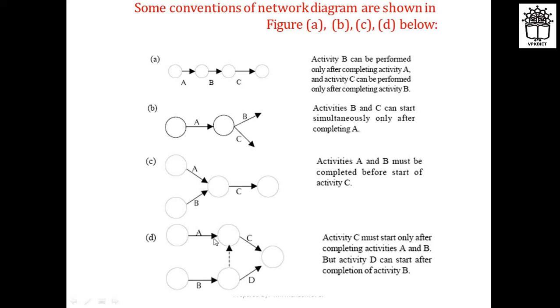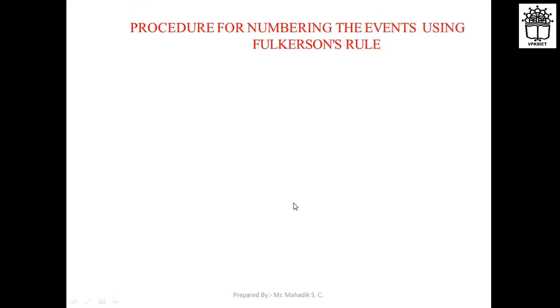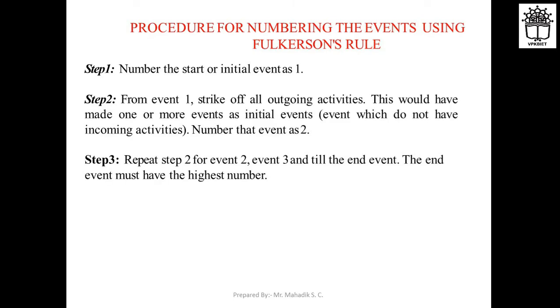So these are some conventions of network diagrams that we have to follow while constructing a network diagram. The next procedure is numbering the events using the Fulkerson rules, right? Let us see that. First, number the start or initial event as 1.